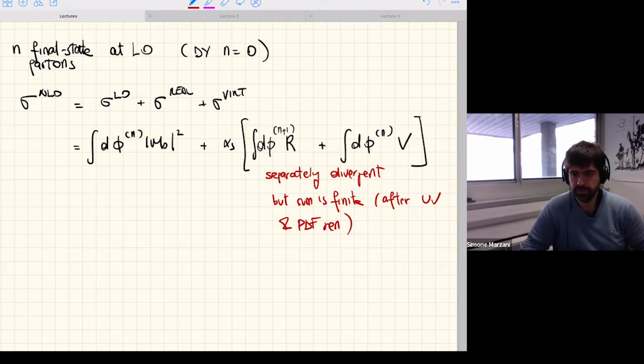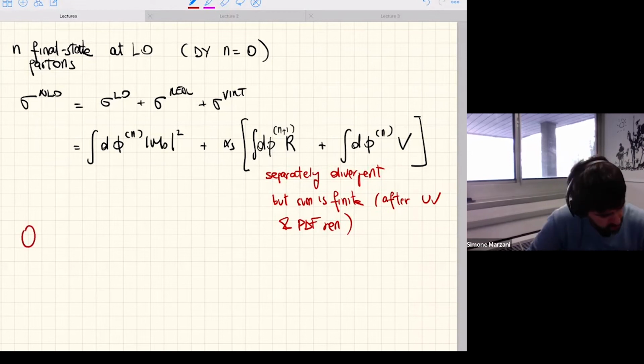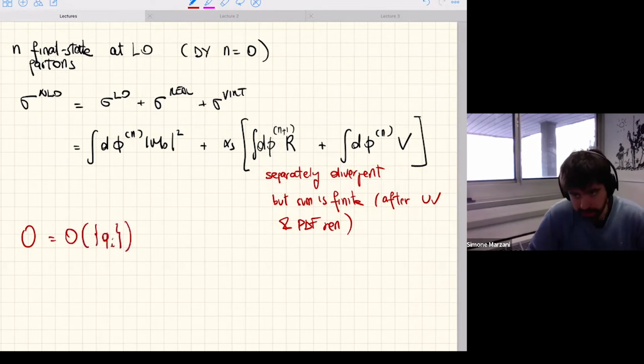Okay, so that's for the inclusive cross section. But we said that we want to measure something a little bit more differential. So let's imagine that we want to measure an observable O, and O will be a function of the final state momenta, which I'm going to call q_i.